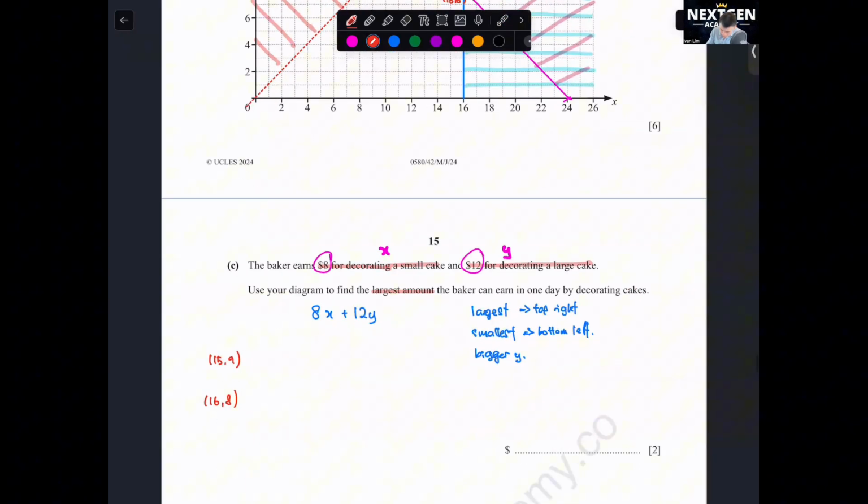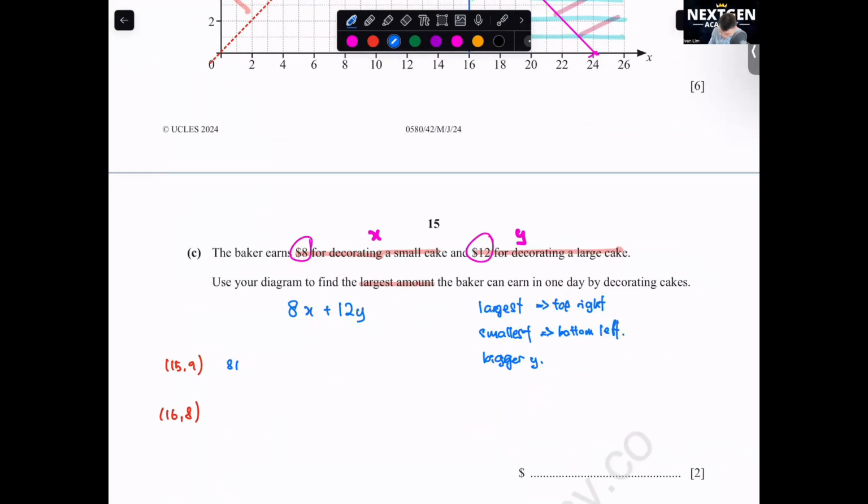We substitute into the equation here. 8 times 15 plus 12 times 9 will be 228. 8 times 16 plus 12 times 8 will be 224. So which one is bigger? (15, 9) is bigger. So your answer will be 228.